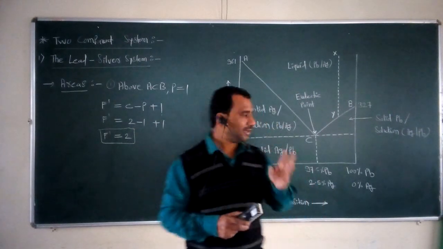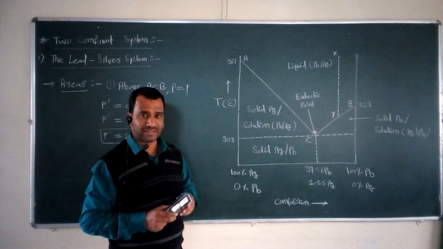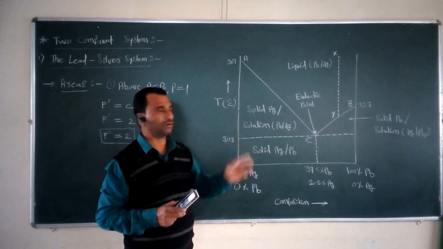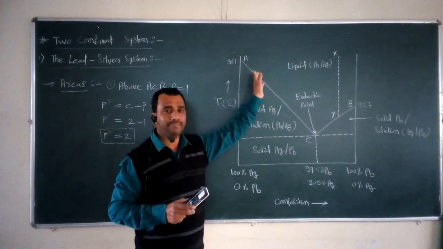Now after that, the next important areas are there. The next important area is the area below the line AC.